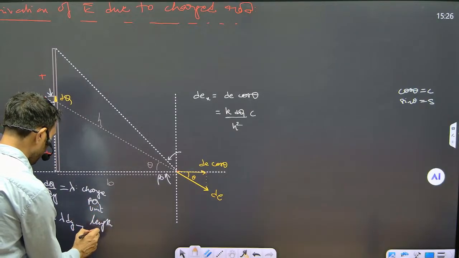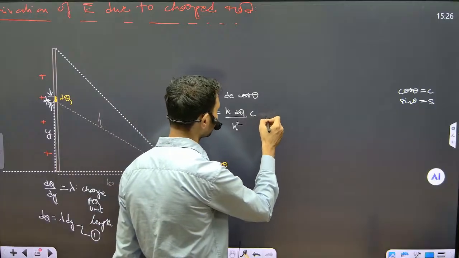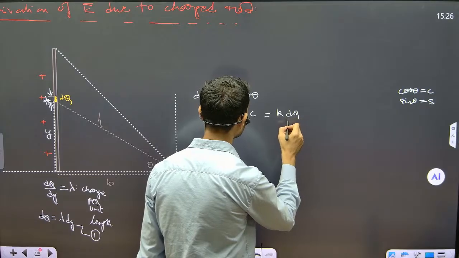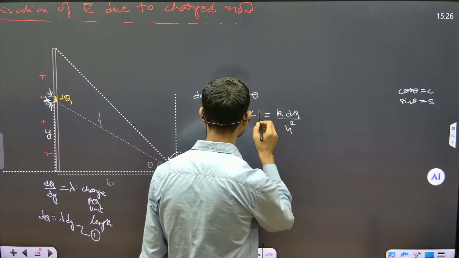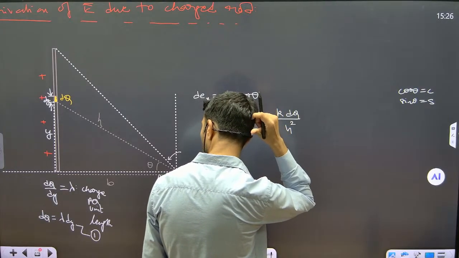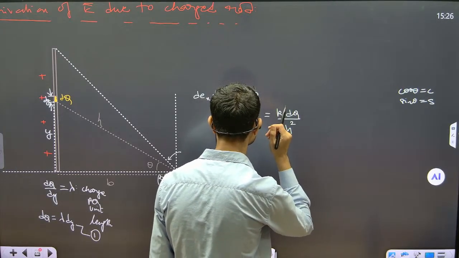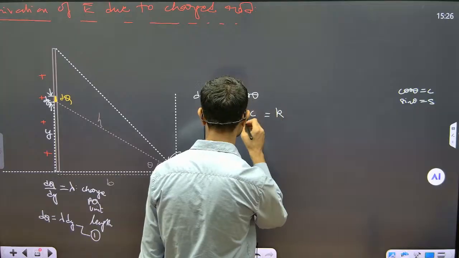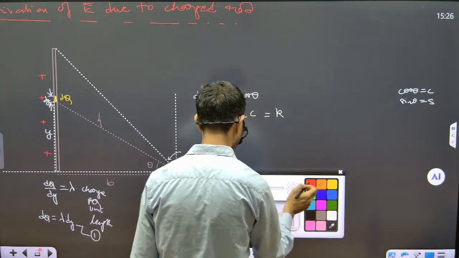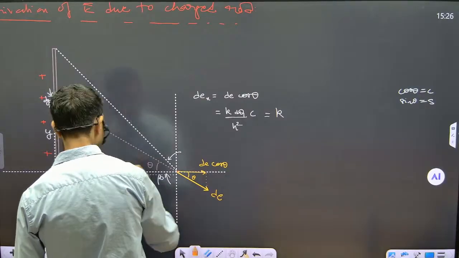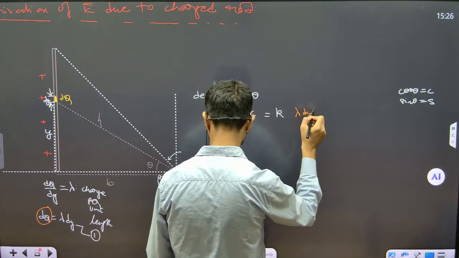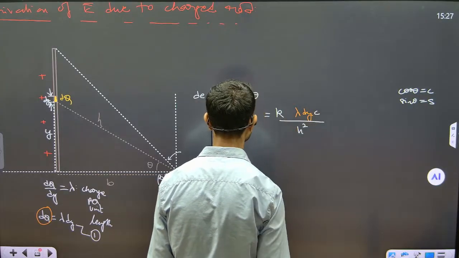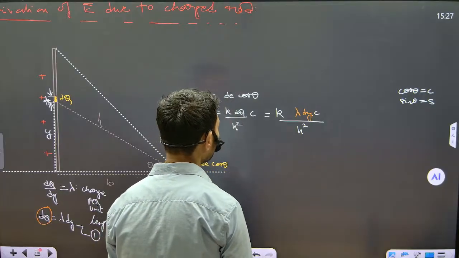Let's call this equation number 1, and I can write this is equal to k dq divided by h squared into c, and c is cos theta. I'm putting the value of dq, which is lambda times dy, so it's k lambda dy into cos theta divided by h squared. So this is what we got.